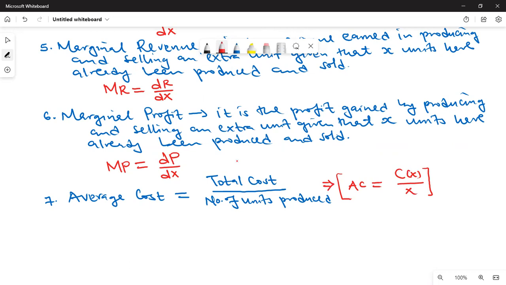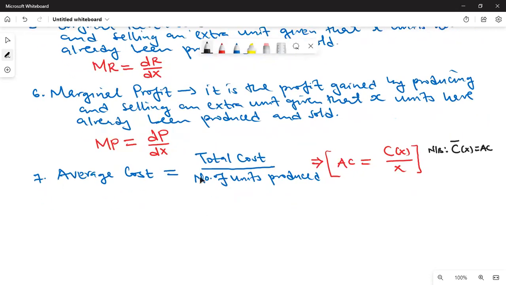With the bar, it means average cost. Take note that in some books, you'll find it written as C of X with a bar. This is simply the same as average cost. So when you see the bar, just take note it's the same as average cost.